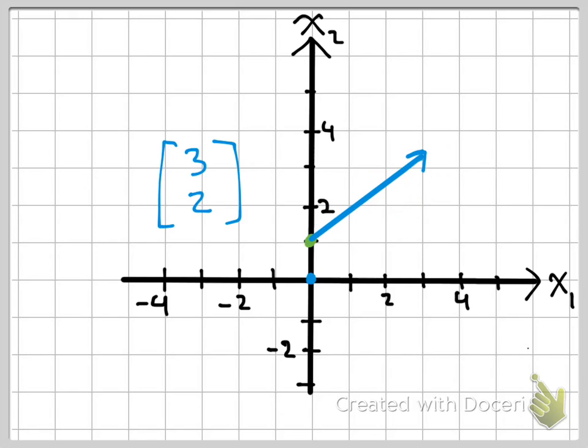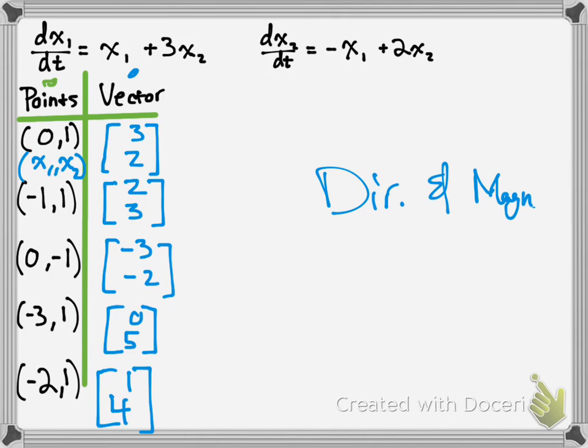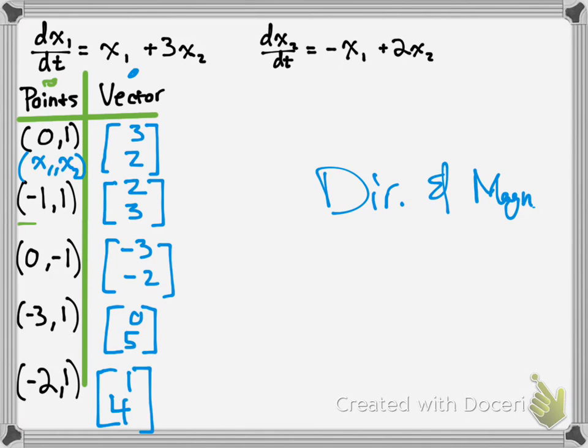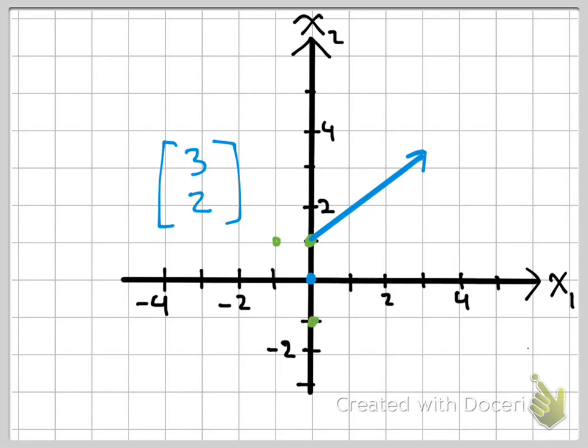Okay, so now I'm going to plot the points for the other ones real quick, just to save time. So remember, just treat these as coordinates. So -1, 1 we have here. 0, -1, so we go 0 and -1.